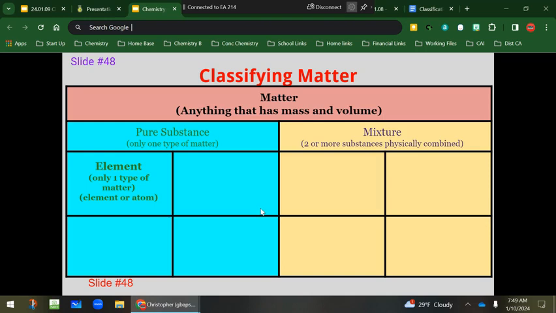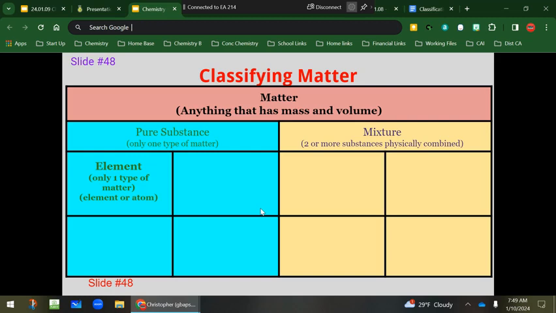When you have the element gold, all you have is gold atoms. When you have the element carbon, all you have is carbon atoms. When you have the element sodium, all you have is sodium atoms.